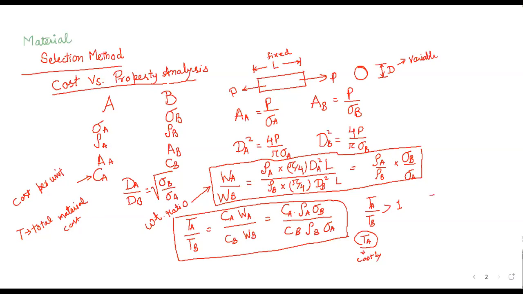If TA over TB is less than 1, then material A is a good option, and it should be selected. So this is the total cost versus property analysis.